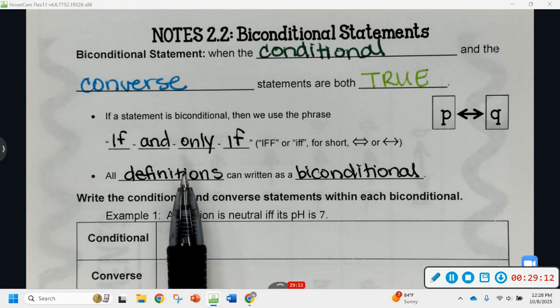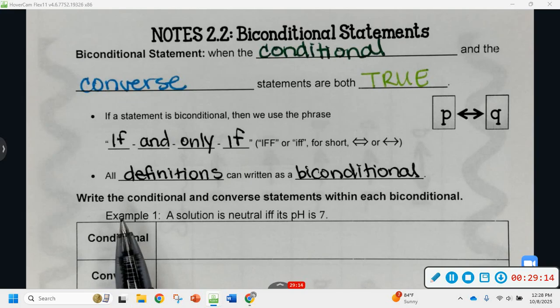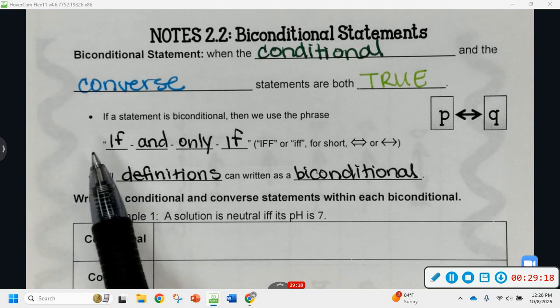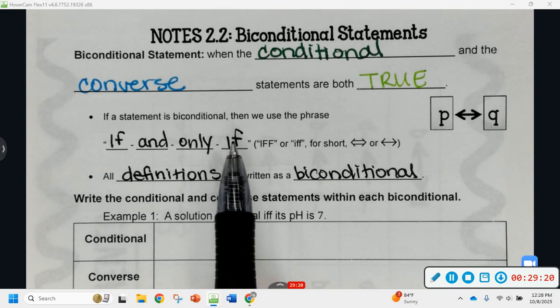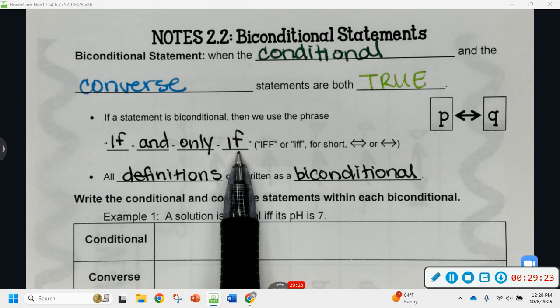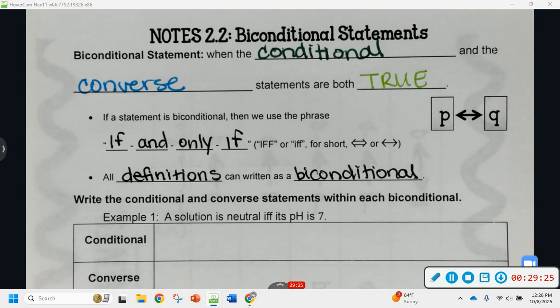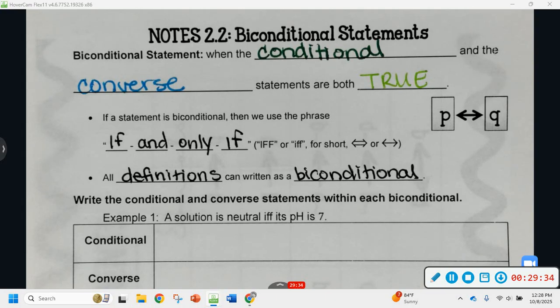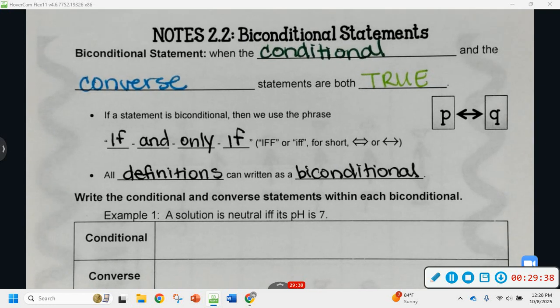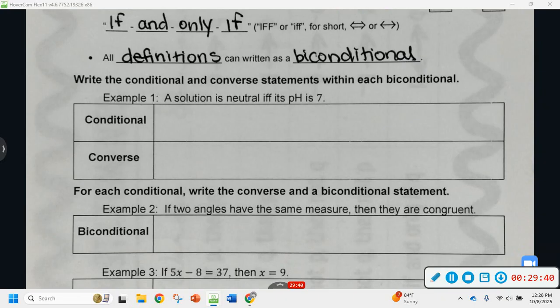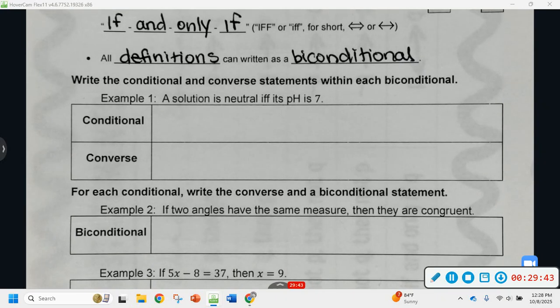So I can create it into a biconditional and say, an angle is 90 degrees if and only if it is a right angle. And I think we might see that question either in some of the notes here in just a second, or maybe it's on a quiz or a test. I can't remember where.